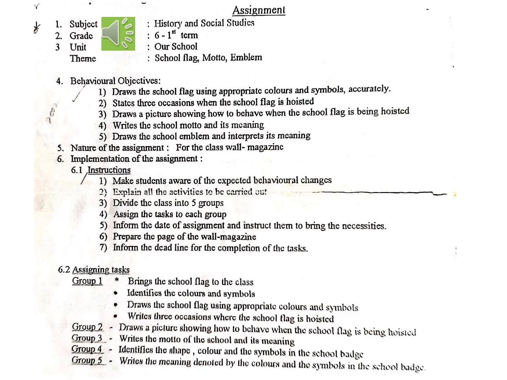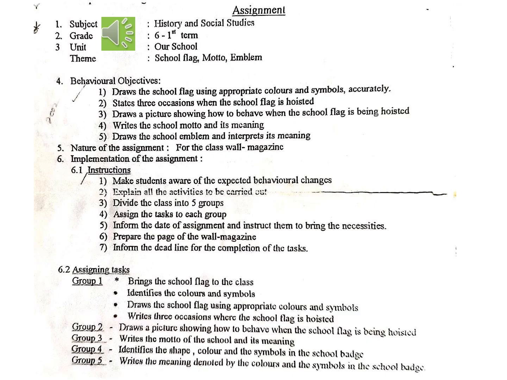Draws the school flag using appropriate colors and symbols, because they have to bring the necessities, right, colored chalk or whatever, platinum markers. Write 3 occasions where the school flag is hoisted. So the students with nice handwriting, they can write the 3 occasions. That's task 1, right, group 1.